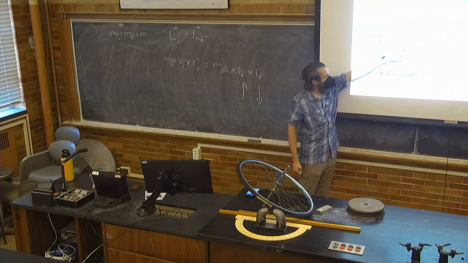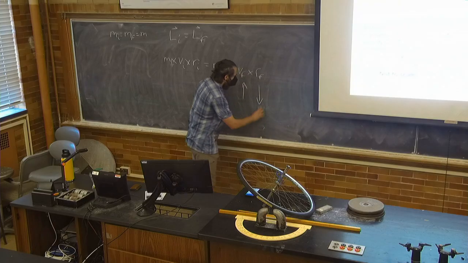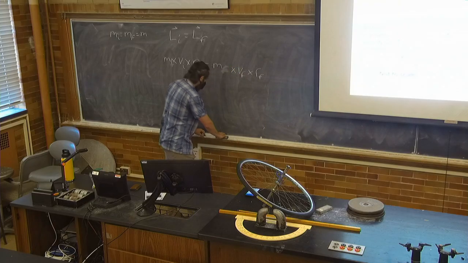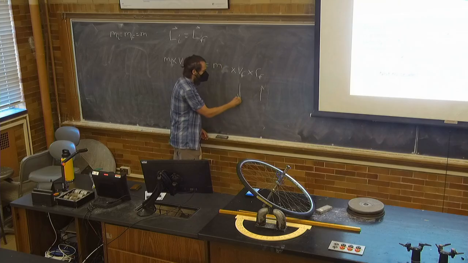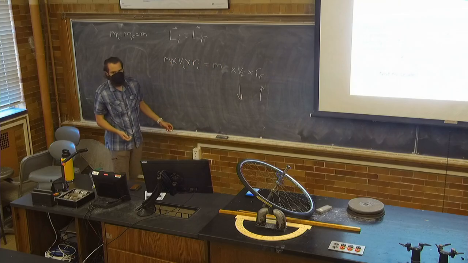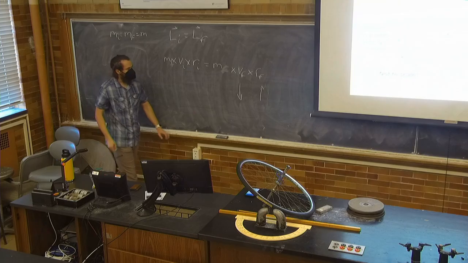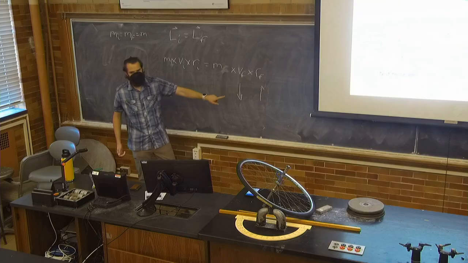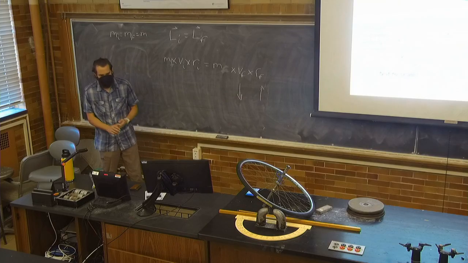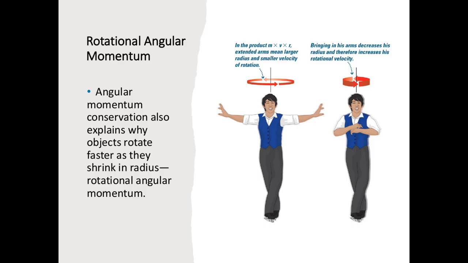Farther away from the sun, my R value is increasing, and so my V value has to decrease to compensate. So if two things are multiplied together, if one goes up, the other one has to go down.